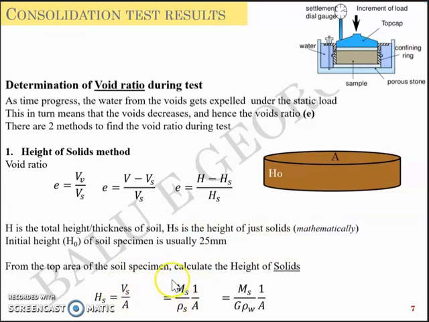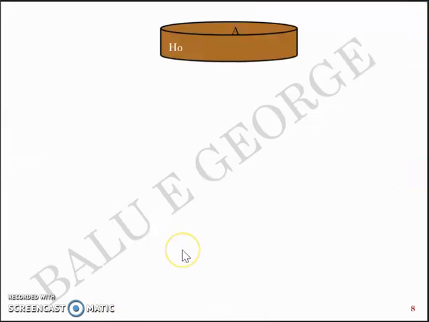I can replace volume of solids by mass by density of solids, and the density of solids is represented by specific gravity multiplied by the density of water. So in short, Hs equals Ms by G rho w A.